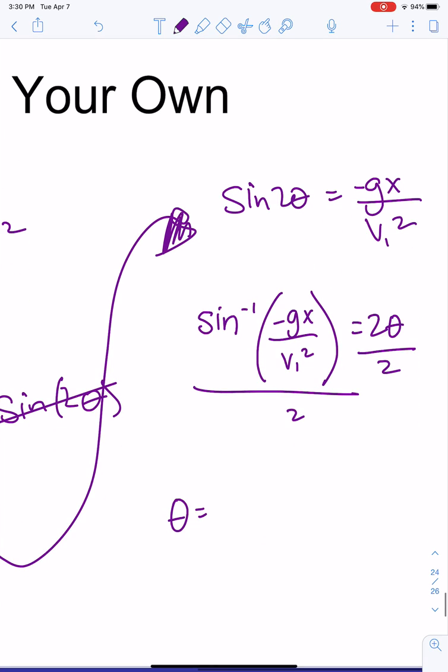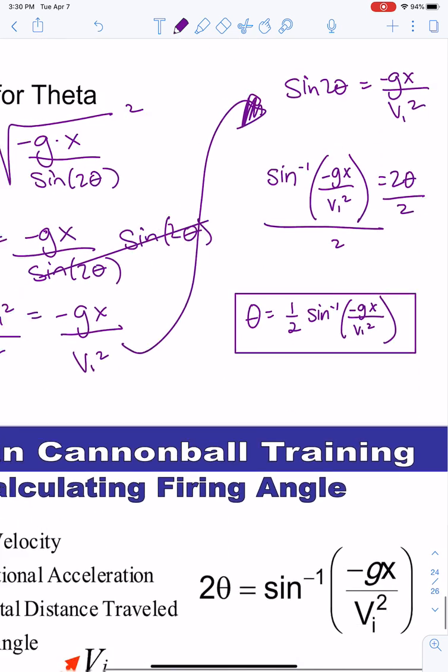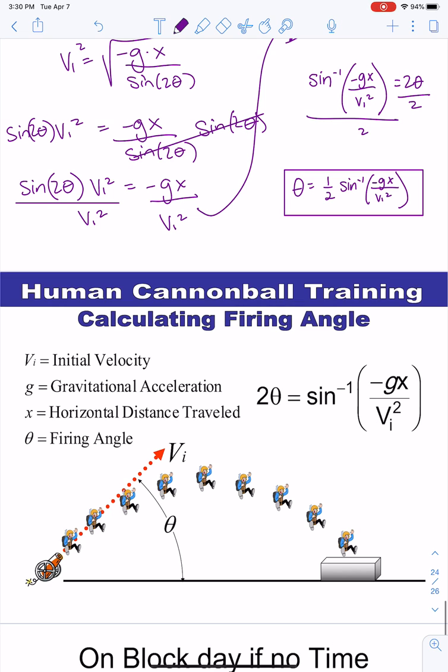So theta is 1/2 arc sine, or inverse sine, of that. So that is how they get this next formula. They got a little lazy and didn't divide by 2. But if you want to find the angle, you can use this formula.